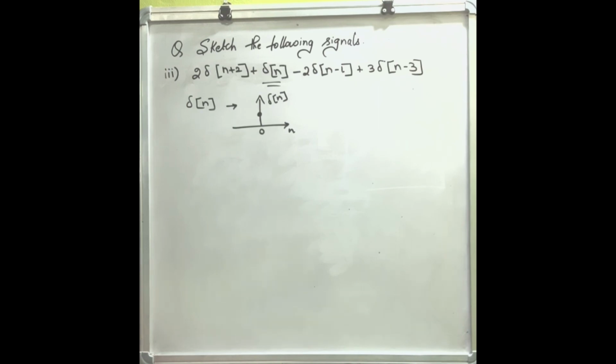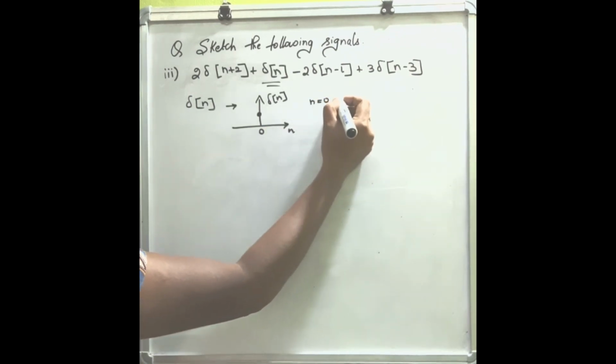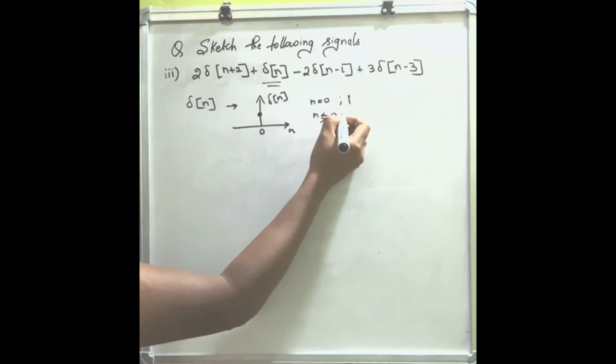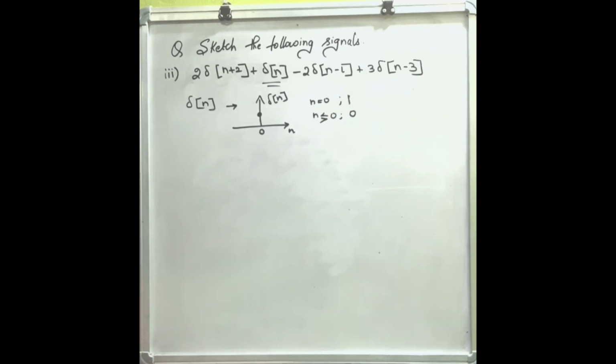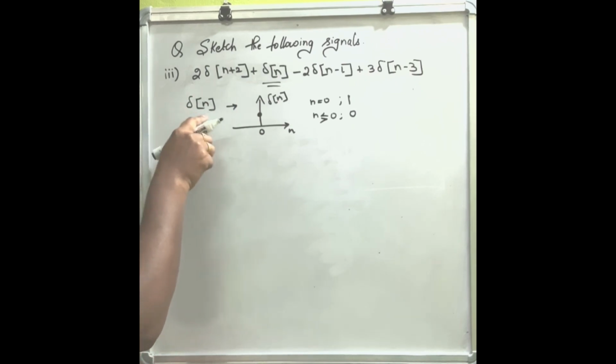So you have studied in the basic signals that only when n is equal to 0 the amplitude will be 1. When n is greater than or less than 0 it will be 0. Fine. So this is the diagram for del of n.